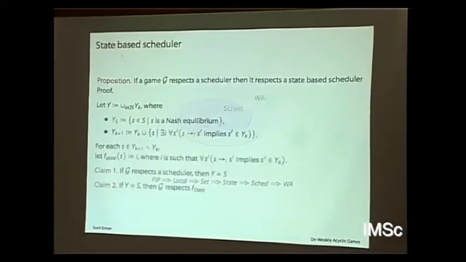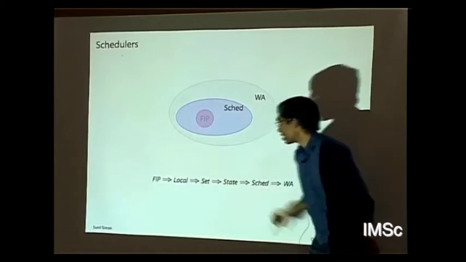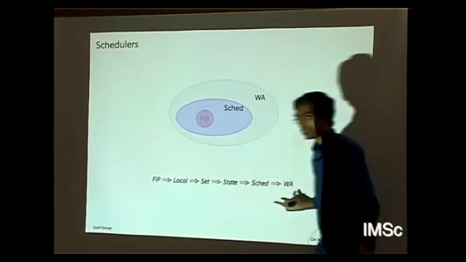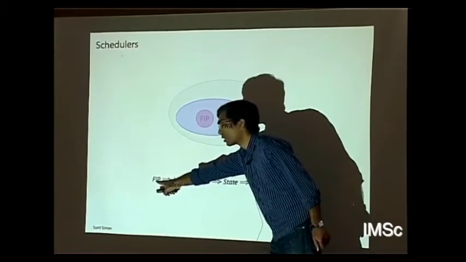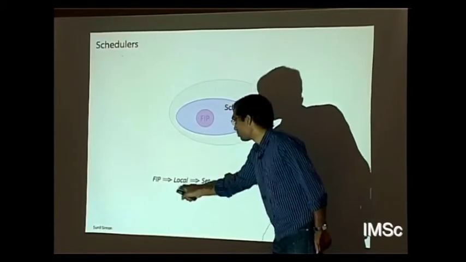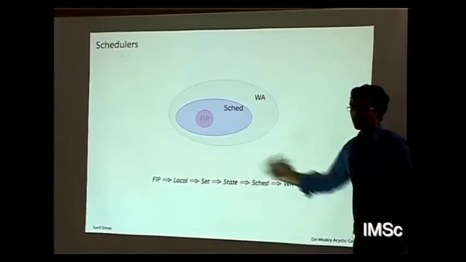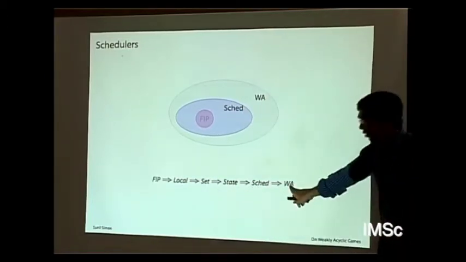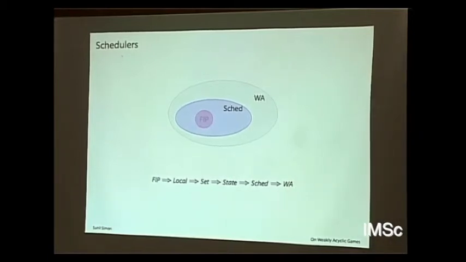Now, of course, for the various schedulers that I defined, this inclusion is very straightforward. If a game has the finite improvement property, then obviously it has a local scheduler. If there is a local scheduler, obviously it has a set-based scheduler, and so on. At the very end, you have weakly acyclic games. So this inclusion is very, very direct.